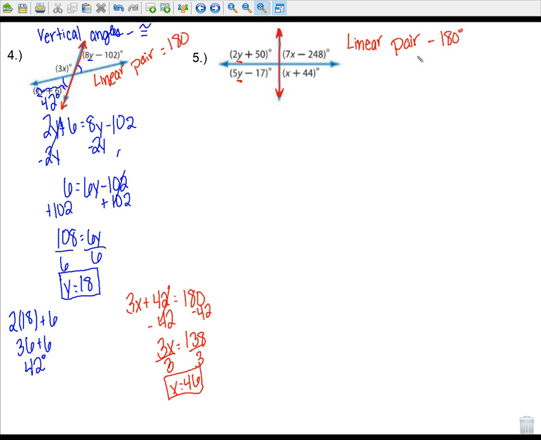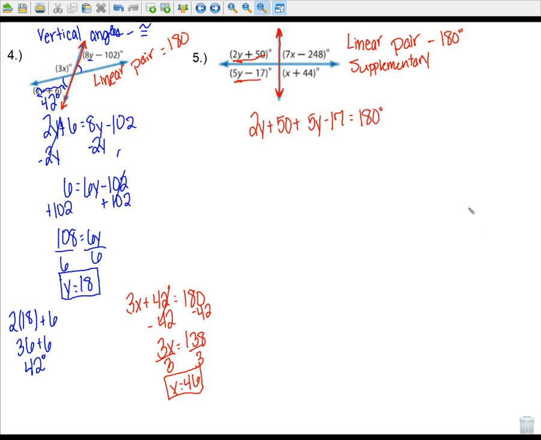Okay, which means they are all supplementary. Okay, so what we need to do is we need to take 2y plus 50. We need to add 5y minus 17. And we need to say that that's going to be equal to 180. So 2y plus 50 plus 5y minus 17 is equal to 180.